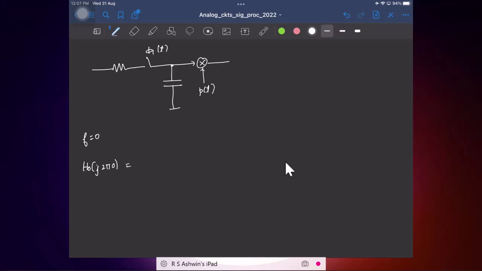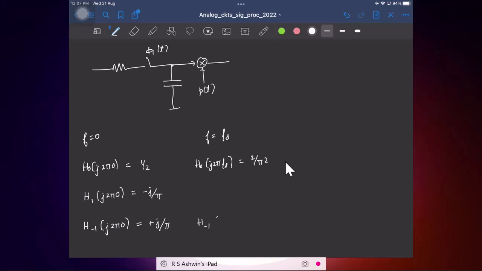It was half, right? And similarly, we also found h1 of j2 pi 0. I think it was minus j by pi probably. And h minus 1 we computed, which was plus j by pi. And we also computed for frequency fs, and h0 of j2 pi fs was 2 by pi square, and h minus 1 was j by pi.